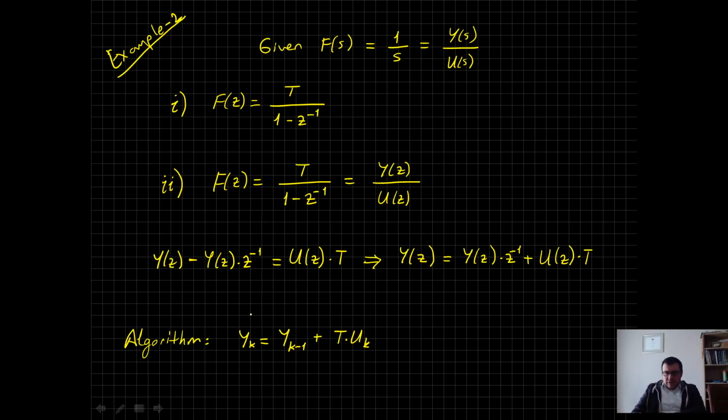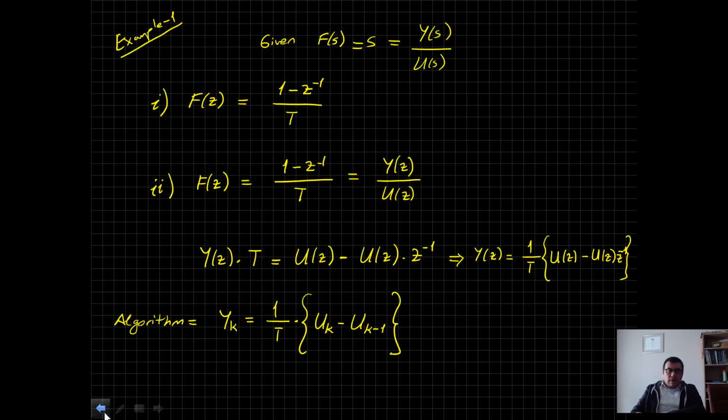What we have here is the result of the integration, and what our algorithm claims is that our result should be equal to the previous result plus sampling time times the input acting on the system during this sampling period. So this is nothing but integration. This is just summation of the input signal to give the output signal, right?